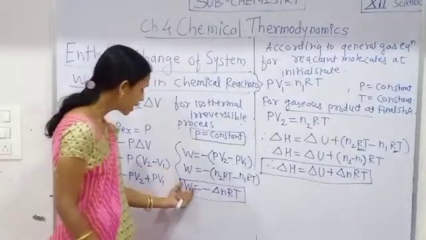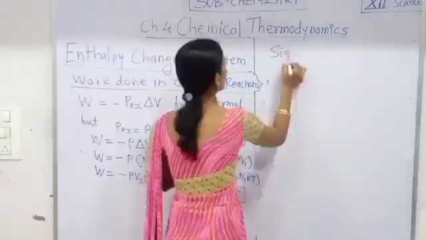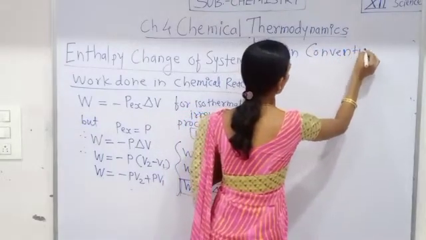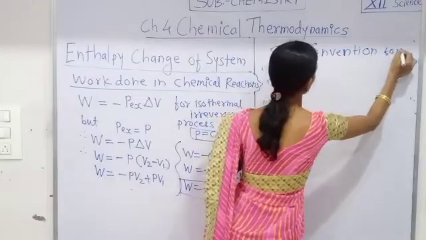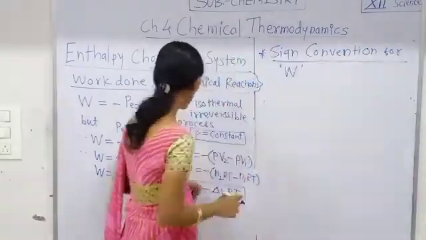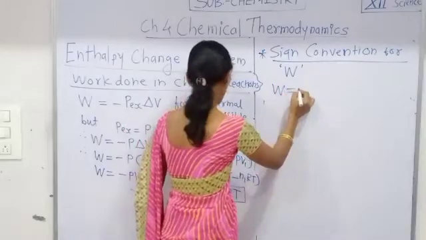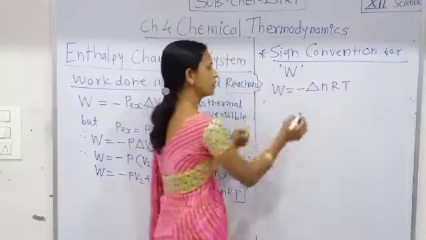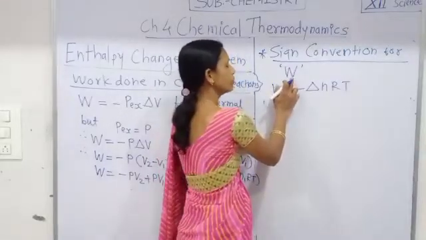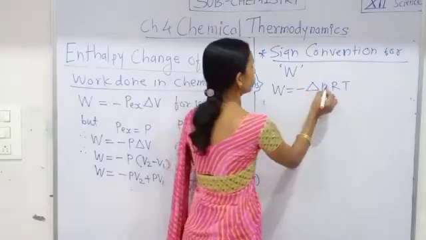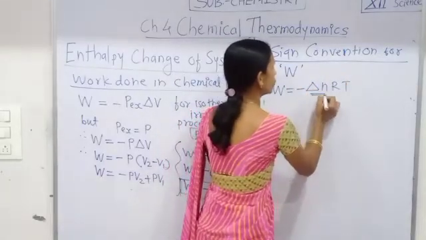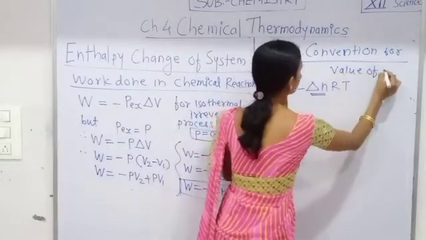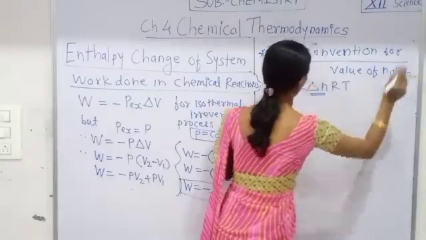Then the sign convention for work done. See here, sign convention for W. W is equal to minus delta nRT, and the sign of W depends upon the values of N1 and N2.